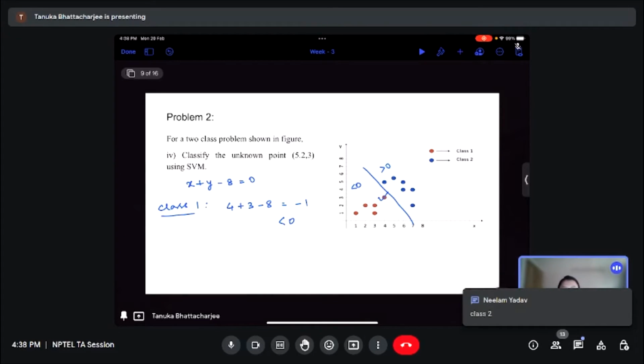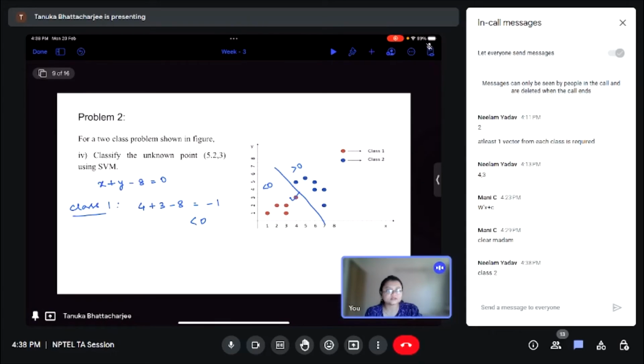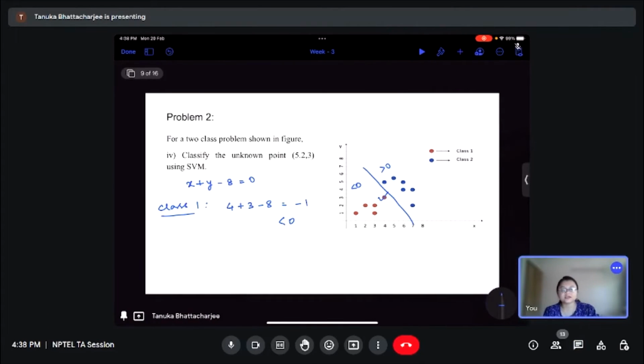So Neelam is saying class 2. Any other answer, or is everyone agreeing it's class 2? Class 2, ma'am. Okay. So it is 5.2 plus 3 minus 8. So it's coming as 0.2, correct, which is greater than 0.